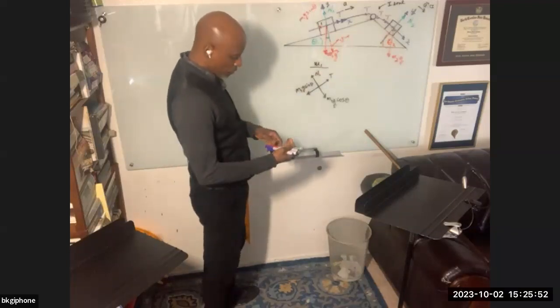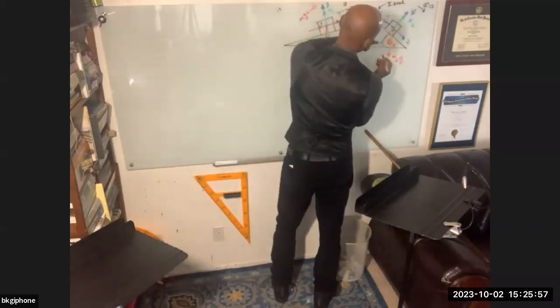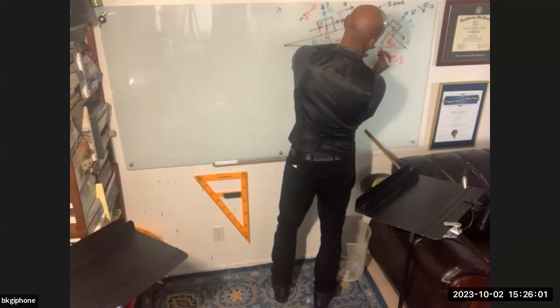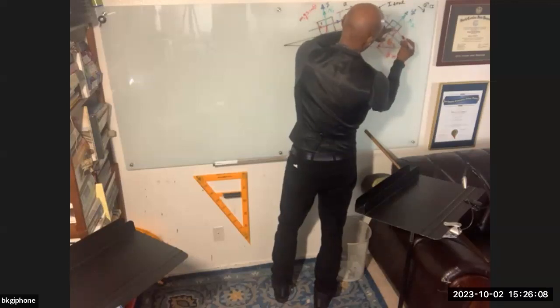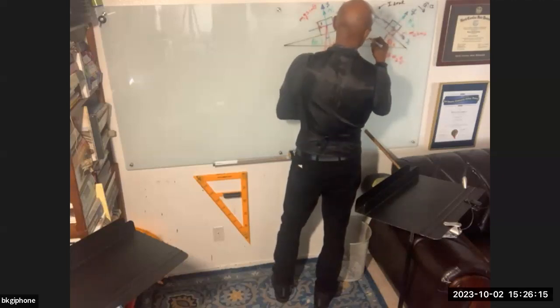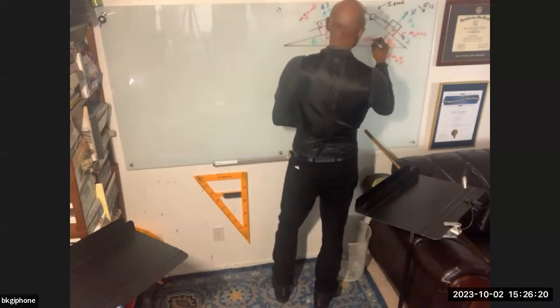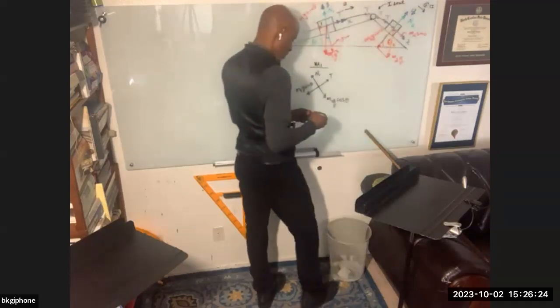Same thing for block 2. But here, the sine theta is in the same direction as the motion. So here, M2 sine theta is down the plane in the same direction as acceleration, and M2 cos theta is still along the negative y direction.